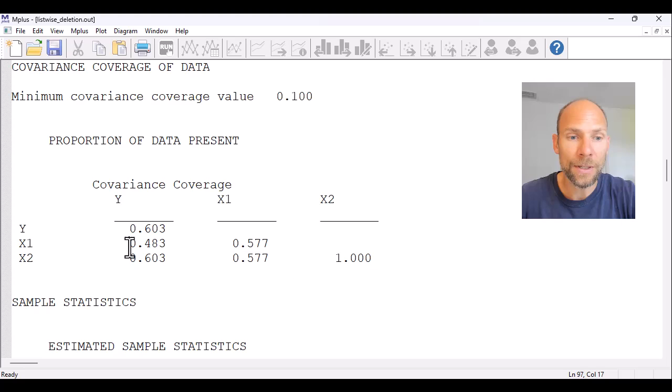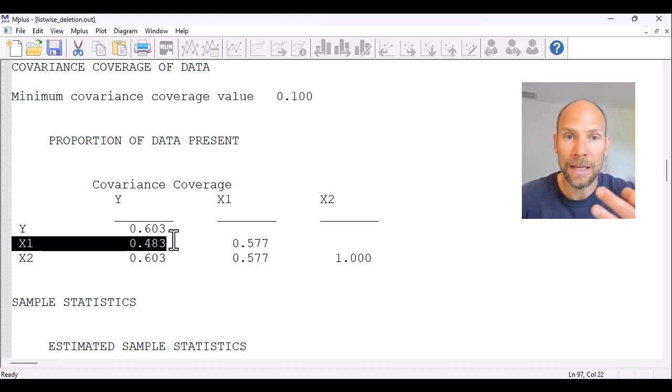The lowest value here is 0.483, meaning only 48.3% of cases provided information on the covariance between Y and X1, because there were many cases that were missing data on either Y or X1 or both.